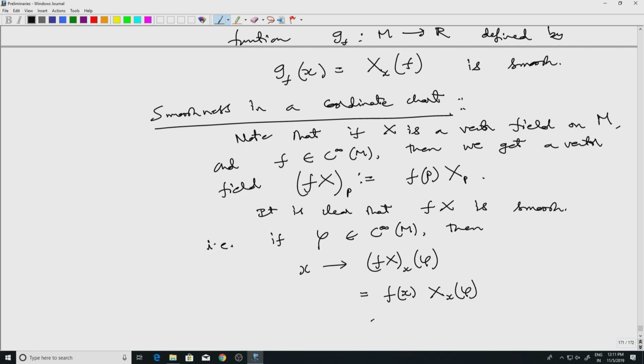And this, with our earlier notation, is f(x) times g_phi of x.